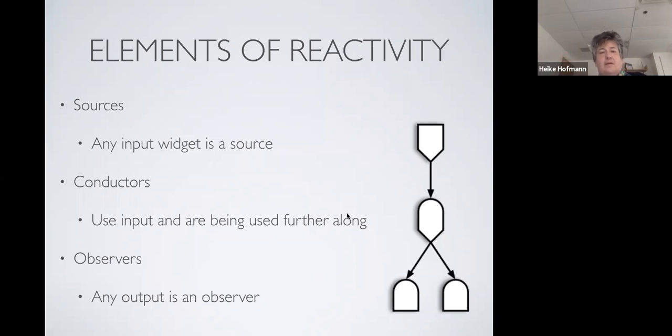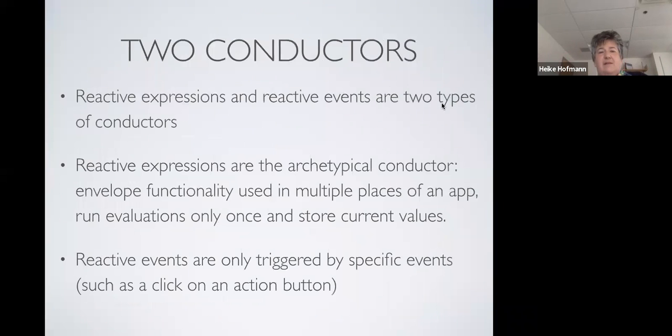So let's have a look at conductors. Essentially we're going to deal with 2 conductors: a reactive expression and a reactive event. Reactive expressions are really the archetypical conductor. We take functionality in the app that's there multiple times, and we isolate it in just a single place where we evaluate it.